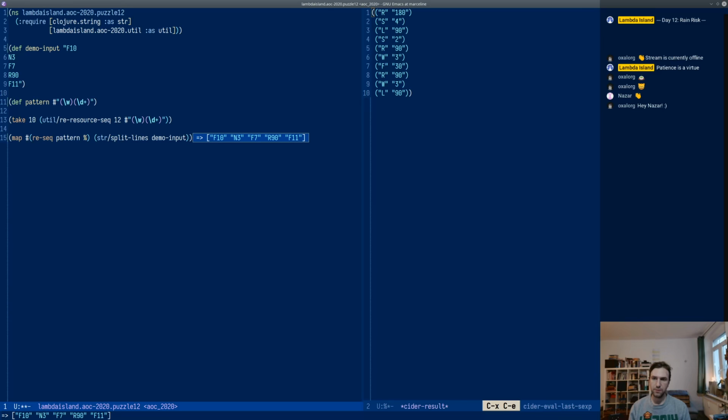And now we just map over each. Oh, I'm using re-seq and not re-find. Sometimes these regex functions, they all start with re. They're so easy to confuse them.